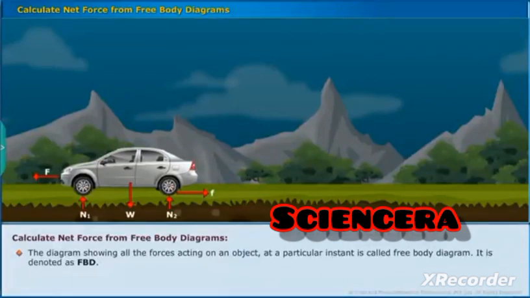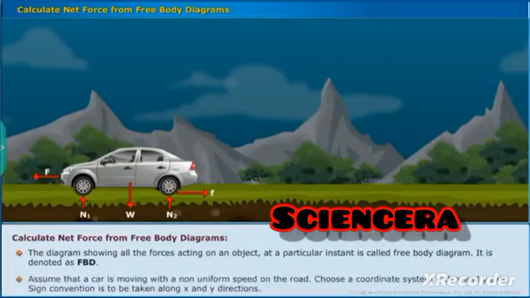It is denoted as FBD. Assume that a car is moving with a non-uniform speed on the road. Choose a coordinate system with X and Y axis. Sign convention is to be taken along X and Y directions.